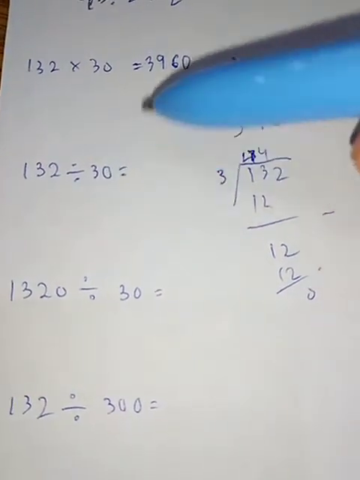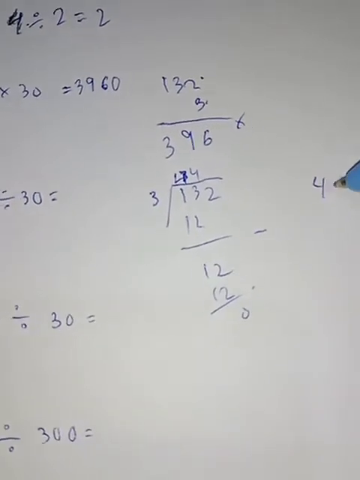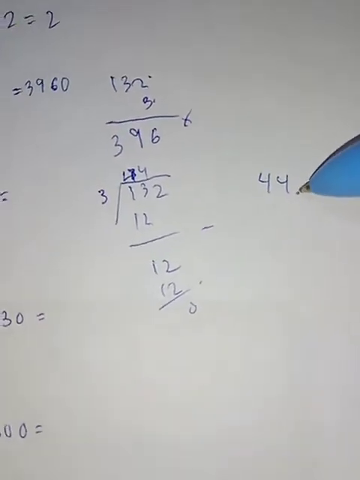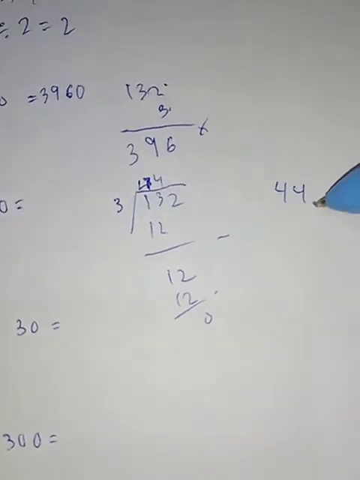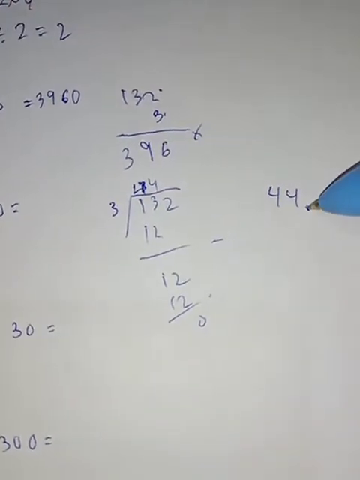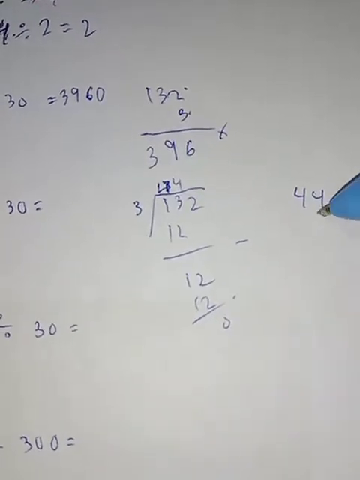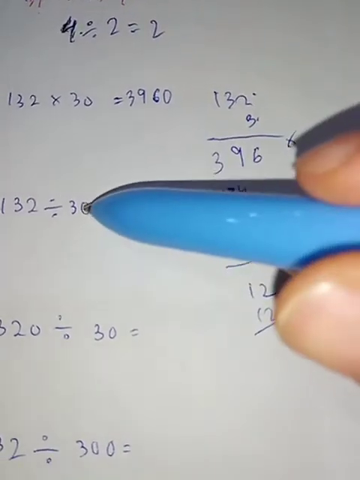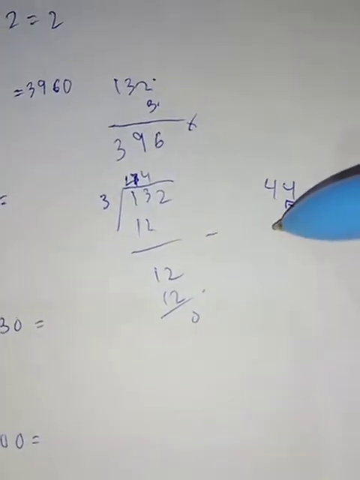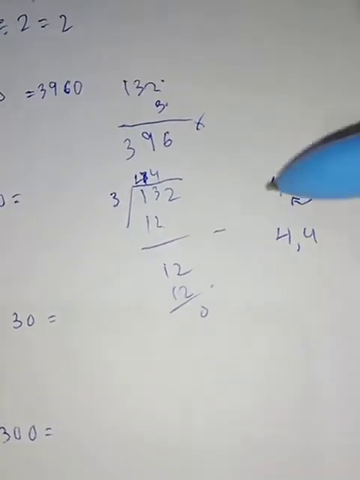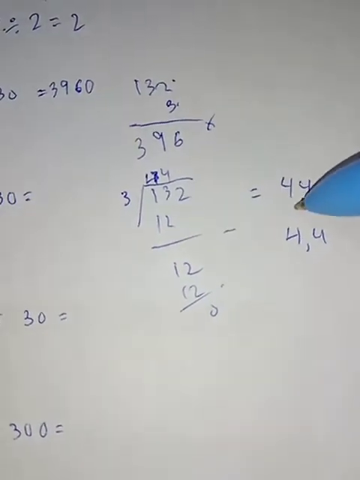How about the last zero? So the way you do it, you want to start from the last digit, and you move to the left once because you have only one zero. So the answer will be 4.4.